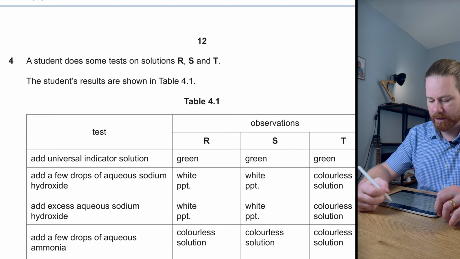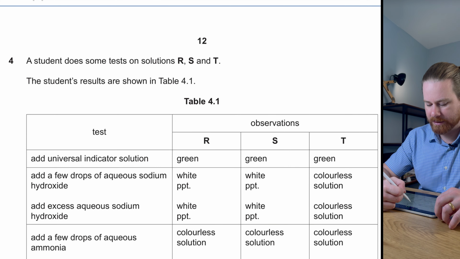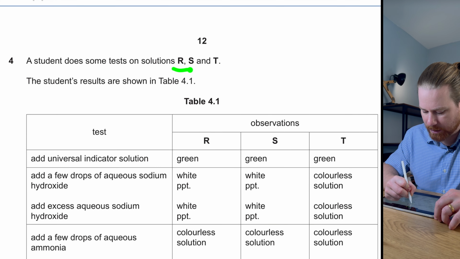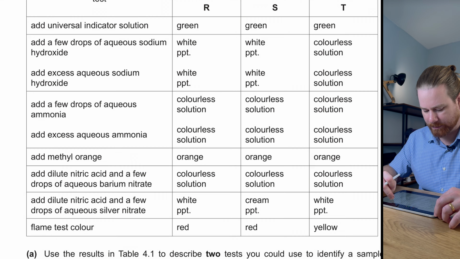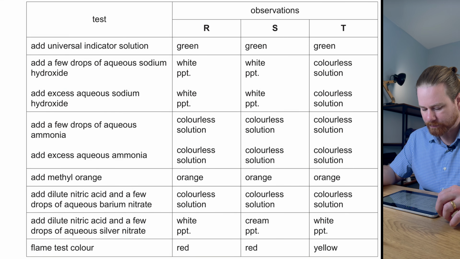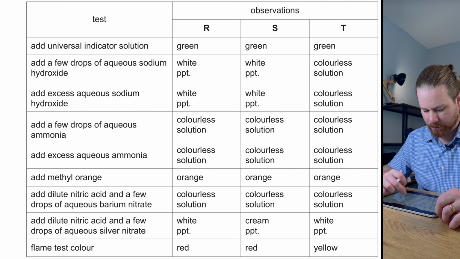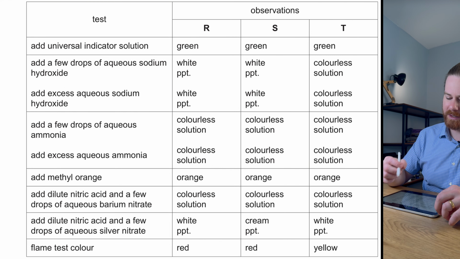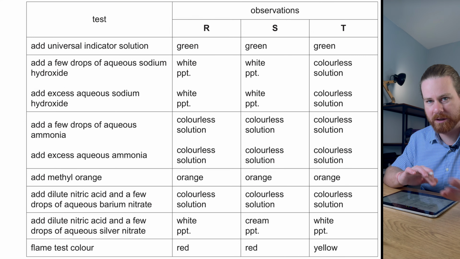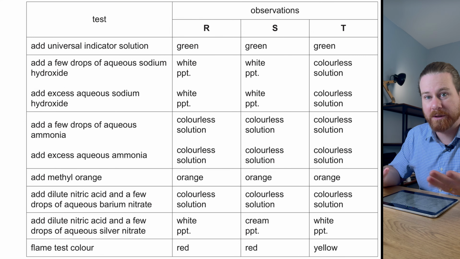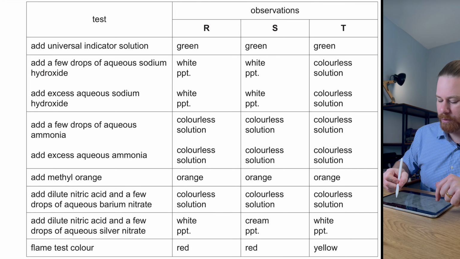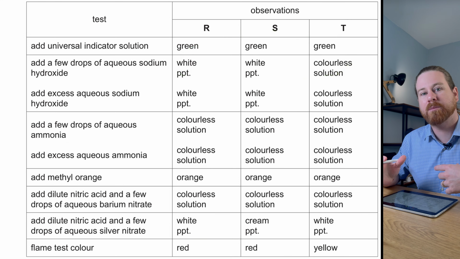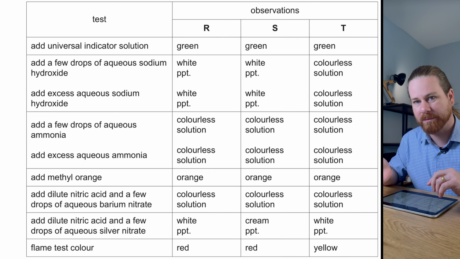So what is going on? A student does some tests on solution R, S and T, and then we've got our results here. So lots of results. Let's not read all of that, but we can enjoy it for what it is. With these tests, you need to be actively thinking about what the test is trying to show us, and then what the results are showing us, because the results can either prove something or disprove something.